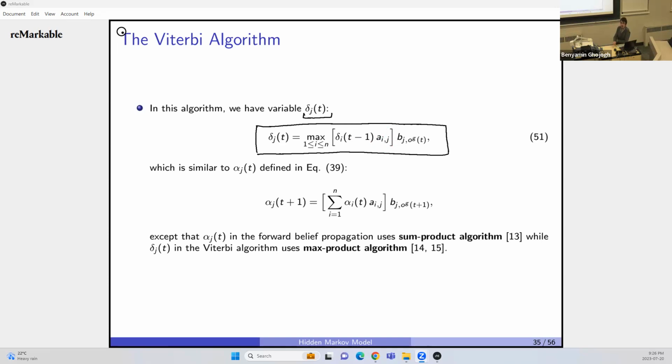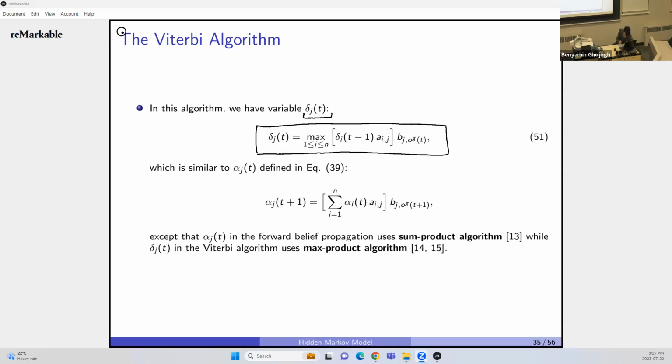The probability of going from S_i to S_j. And I have this. What is b_j(O_t)? The probability of emitting O_t from S_j at time t. And I'm asking which state maximizes this: the maximum of that, then times this.